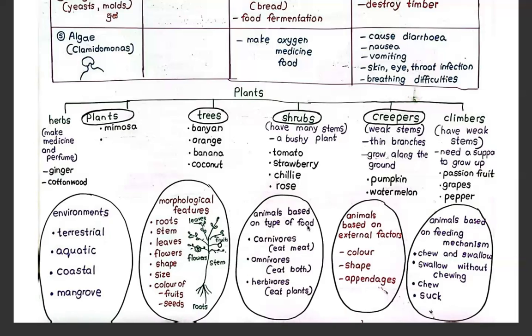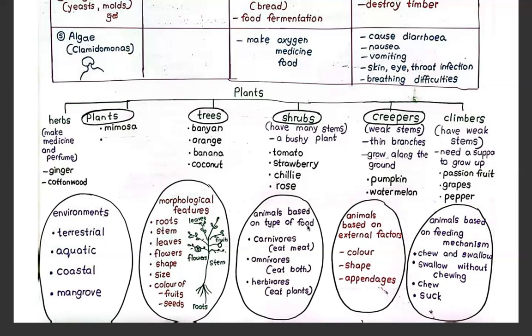Then animals based on type of food. Now, when animals eat food, we can categorize animals into 3 different types. What are they? They are carnivores, omnivores, and herbivores. Carnivores are the animals who eat meat, and omnivores are the animals who eat meat and plants both. දෙකම ආහාරයට ගන්න අයට අපි කියනවා omnivores කියලා.